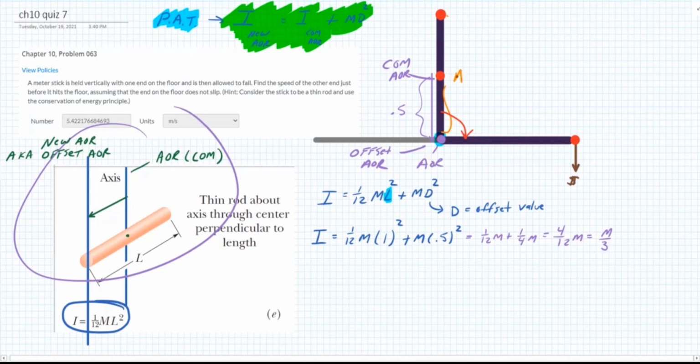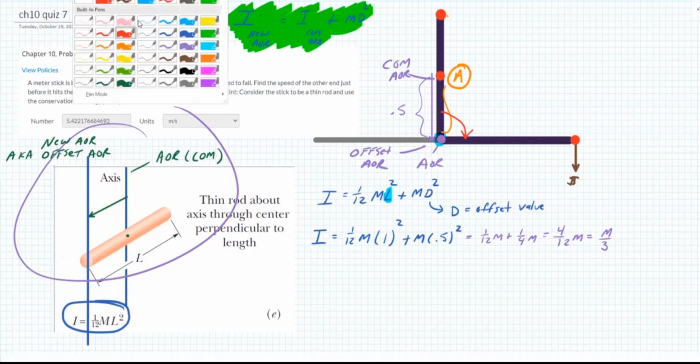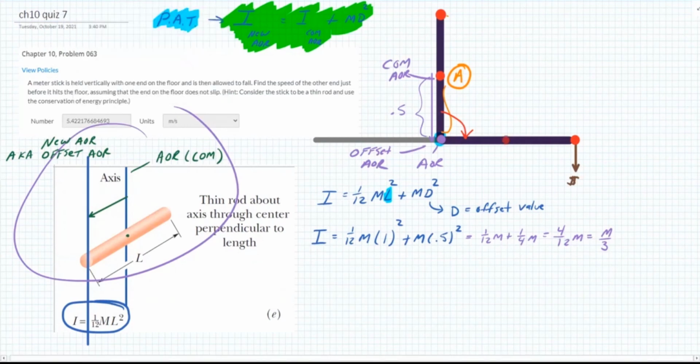This is my center of mass at energy state A. Here's that same center of mass at energy state B, right here.